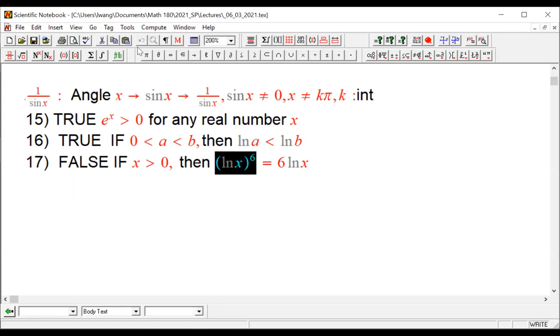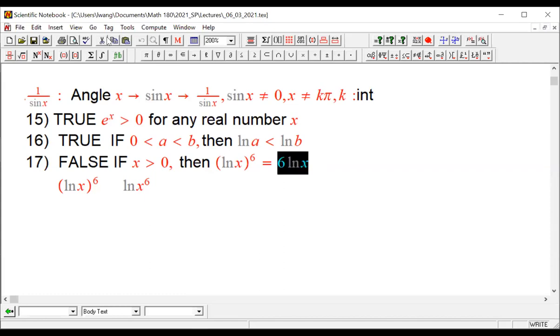Because this notation and that notation are entirely different. You power the entire output versus you power the input. That's different.